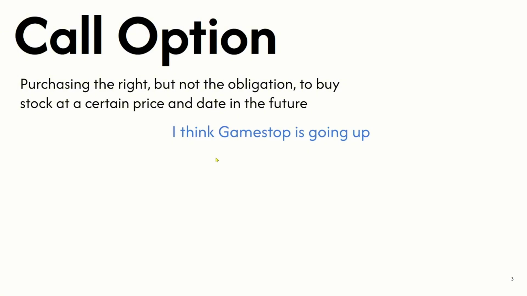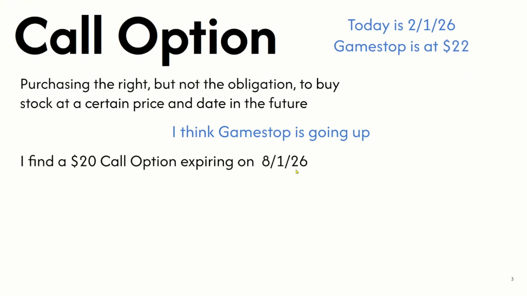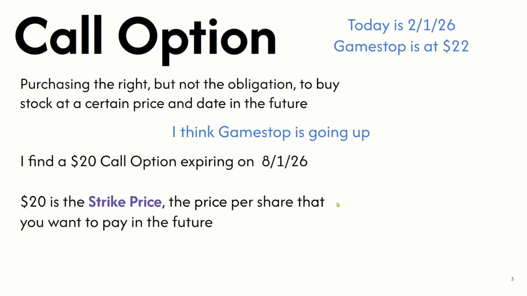I think GameStop is going to go up. And today, let's just use February 1st as an example. Let's say GameStop's at $22. So what I could do, I could find a $20 call option expiring 6 months from now in August. $20, that is the strike price.